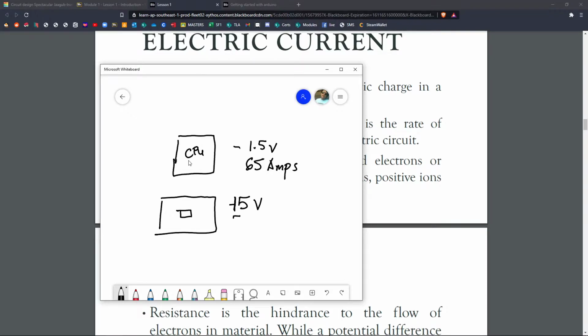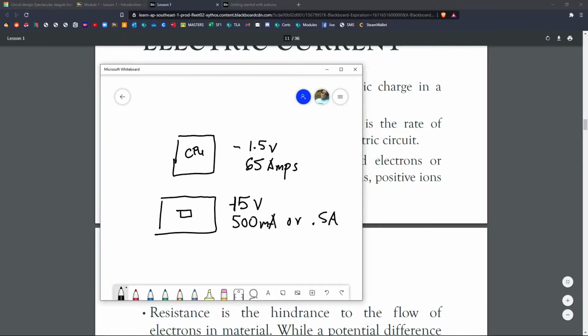But it only uses 500 milliamps, or 0.5 amps. So you can easily compare which of the two actually consumes more electric current. Though the CPU only uses 1.5 volts, it consumes as much as 65 amps, compared to the Arduino, which is 15 volts, but consumes only 500 milliamps. You now get the point, right?